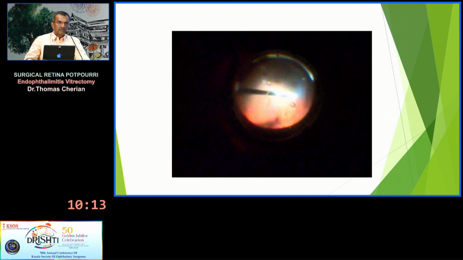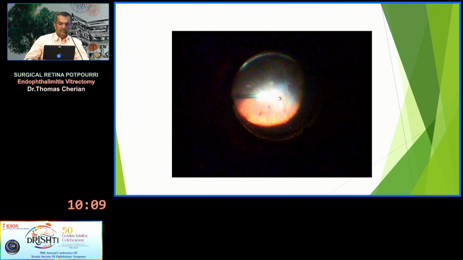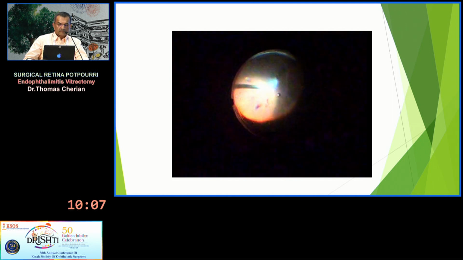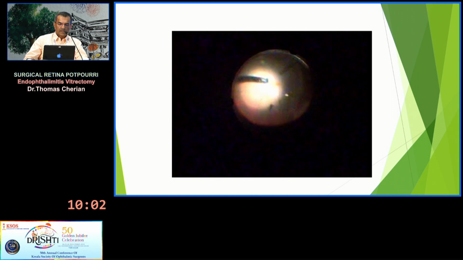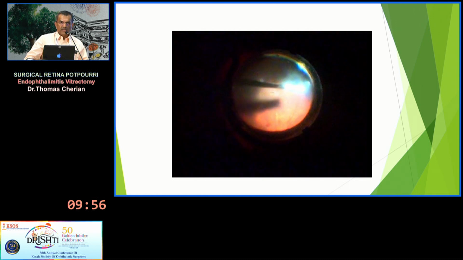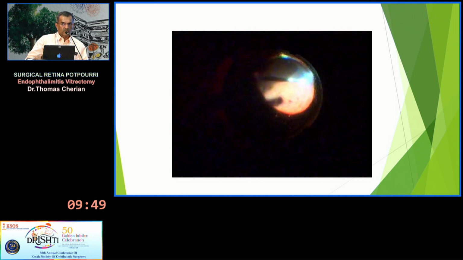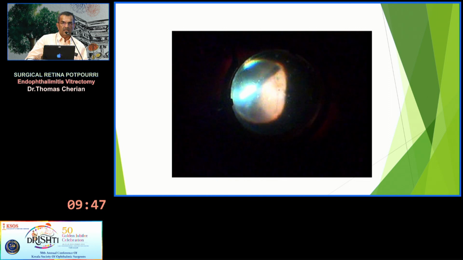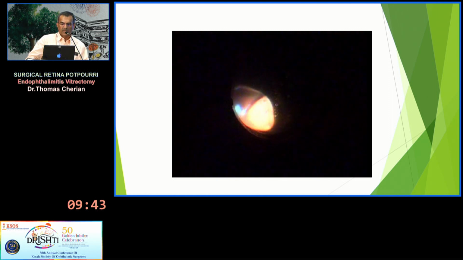You clear the vitreous, taking care not to induce traction and not to induce breaks. And these low-grade endophthalmitis, you don't keep on waiting for weeks or months together. If it doesn't clear within a reasonable time, of course it cleared in the first week but did not clear in the second week, that is the time when you have to take up for a vitrectomy, not beyond that.